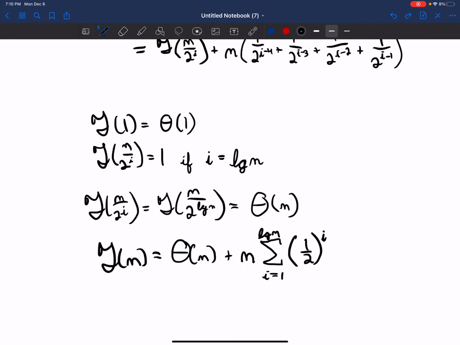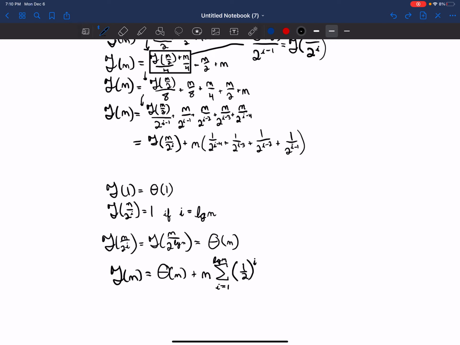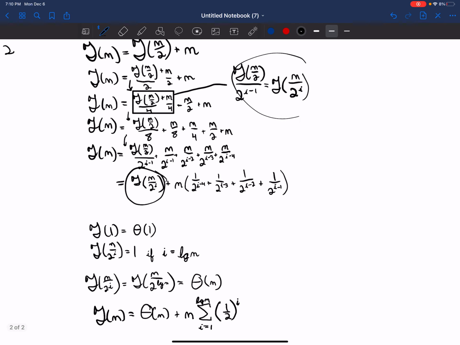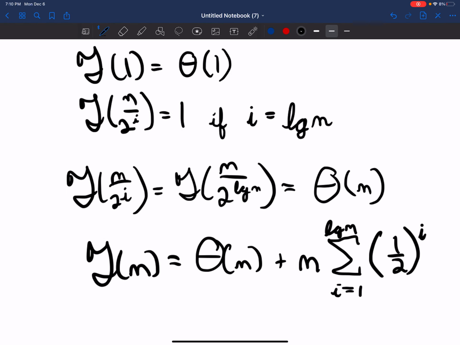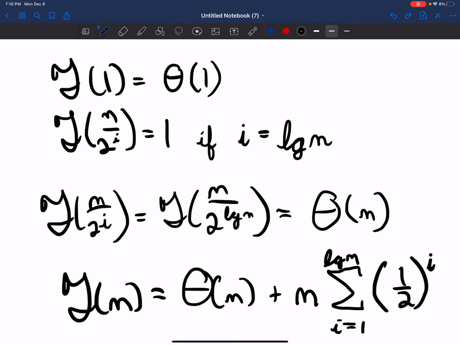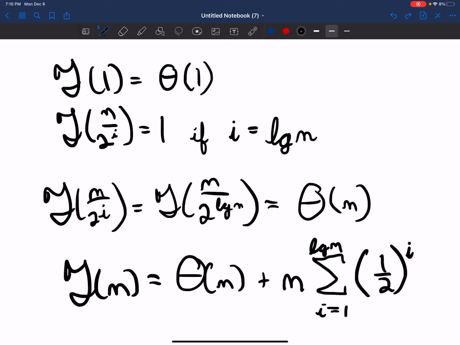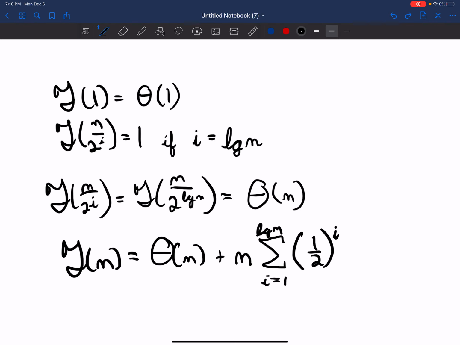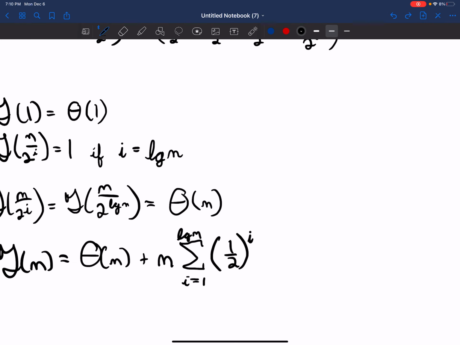So we can take our substitution that we made over here using this property to set that equal to 1 if i is the log star. Log star is a recursive algorithm, and I'm not 100% sure if I remember how it goes.